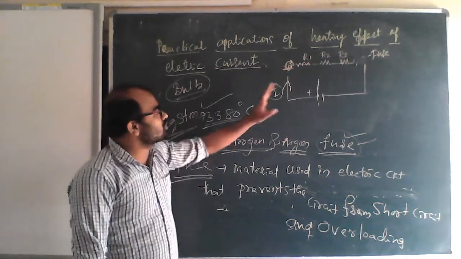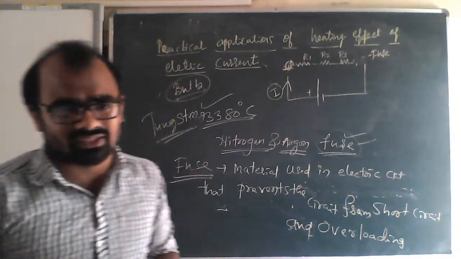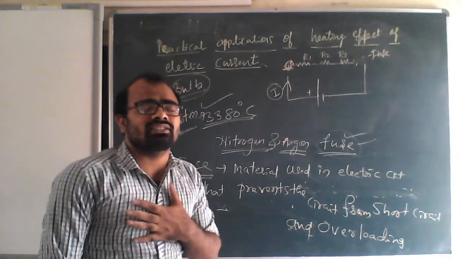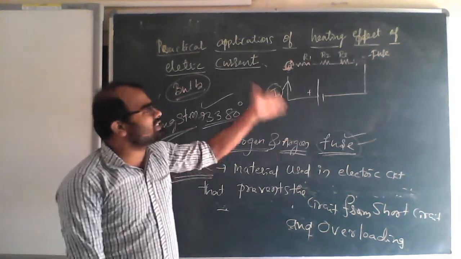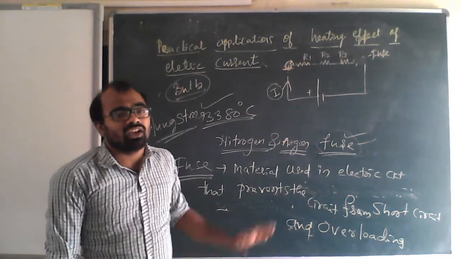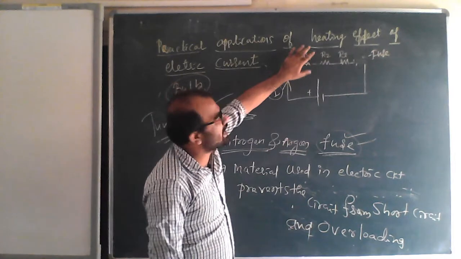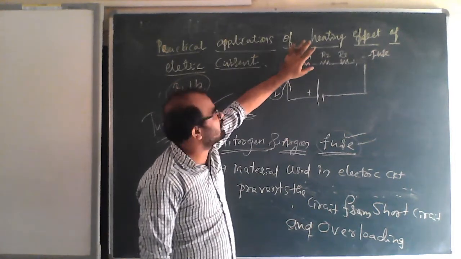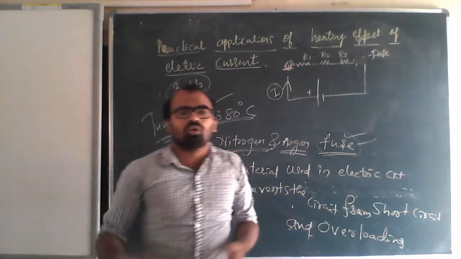The fuse is usually connected in series with the resistors. It is always connected in series with the resistors. Why? Because if it is connected in parallel, then current will flow again. If it is connected in parallel, it might prevent the flow of current through R1, but through R2 and R3 the current will split and flow.